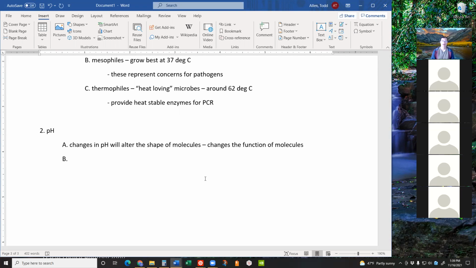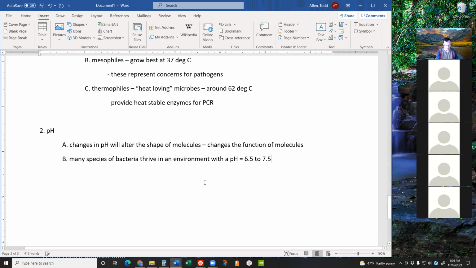That is a fairly okay umbrella statement to make. So I'll do this. Many species of bacteria thrive in an environment with a pH equal to 6.5 to 7.5.